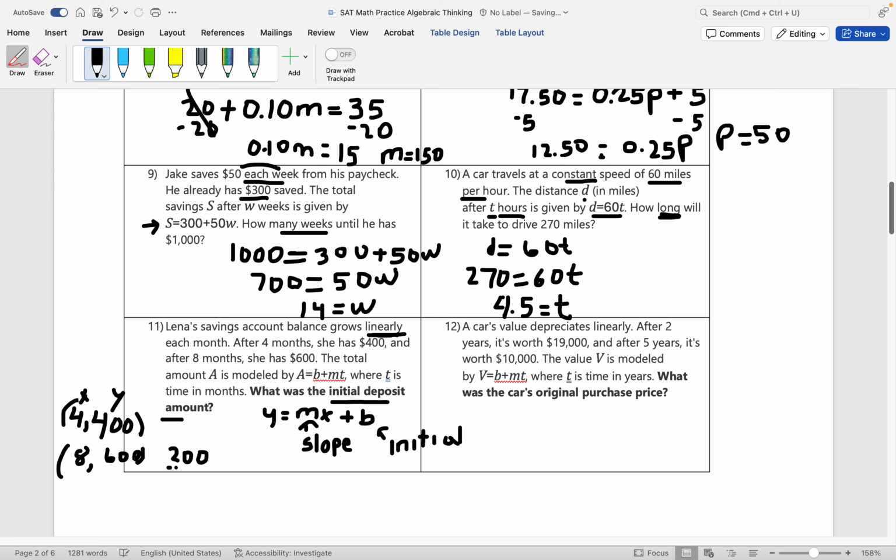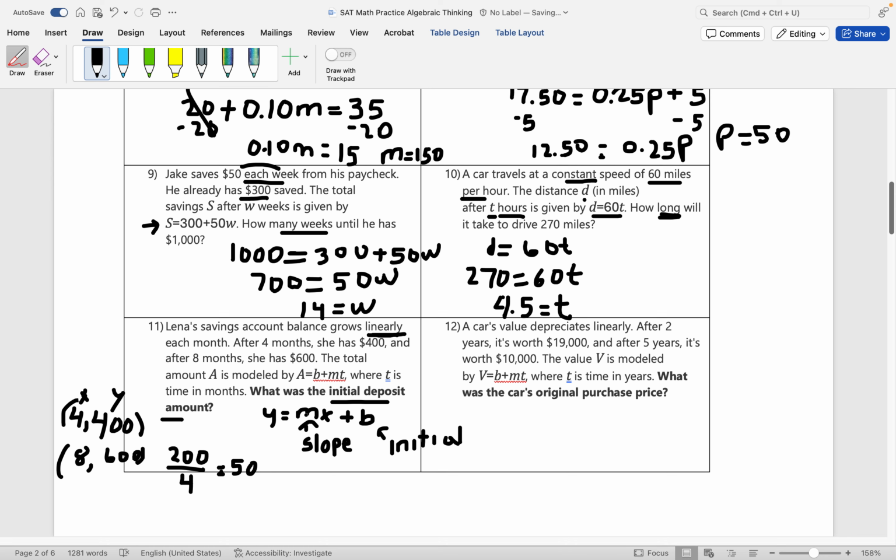And over the change in X, from 4 months to 8 months, it was 4 months difference. So 200 over 4 gives you $50, or 50, which means that every month the account, because this is talking about a savings account, was changing by $50. So the M is 50.